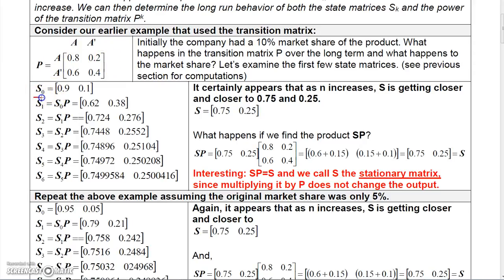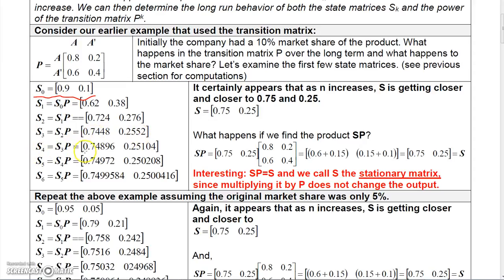So if we take the initial state matrix that we had earlier, 0.9, 0.1, and multiply it by this transition matrix, we got 0.62, 0.38. And then when we took that and multiplied it by the transition matrix for S2, we got 0.72, 0.28 approximately. And then when we found S3, we got 0.74, 0.26.